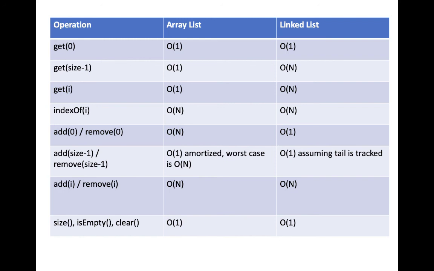Now, I didn't talk about the resizing case for array lists. That was a little tricky. Remember, it was a constant time operation to add or remove as long as you didn't have to resize the array. But if you do have to resize the array, when you add that one new element that's going to resize the array, it's going to be an order n operation because you have to copy the array into a bigger array before you can add the new element.